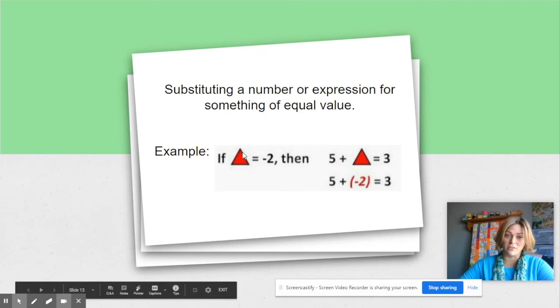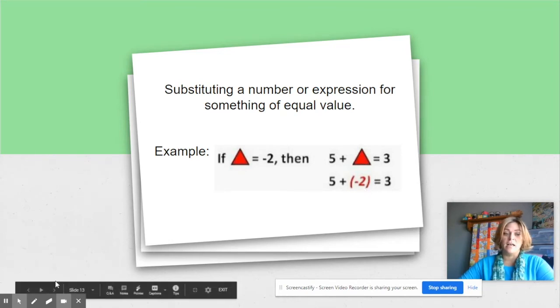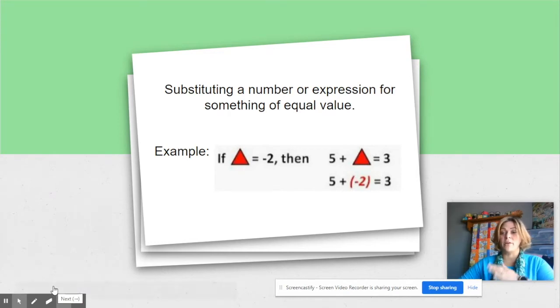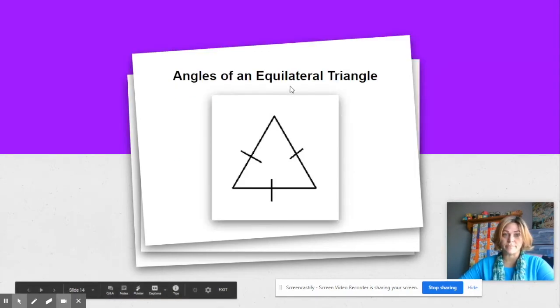So if triangle equals -2, then 5 plus triangle equals 3. You take the -2 and substitute it where the triangle would be. That's substitution. Some teachers accept just substitution in a proof. Others require substitution property of equality or substitution property of congruence.